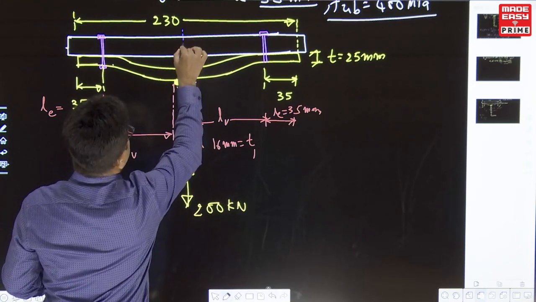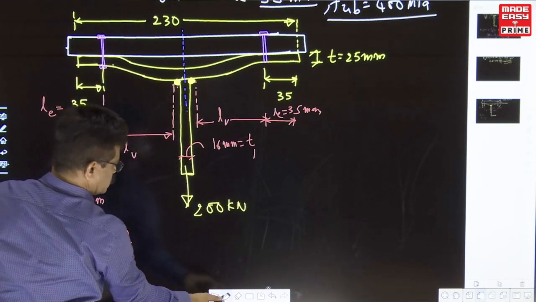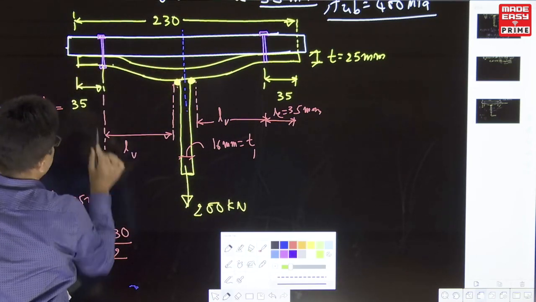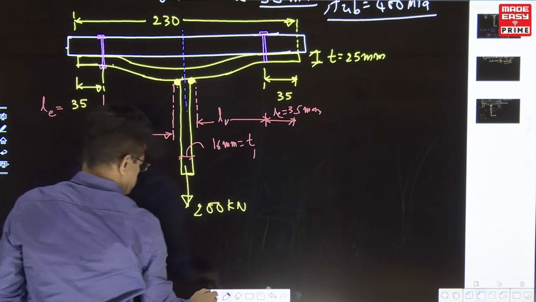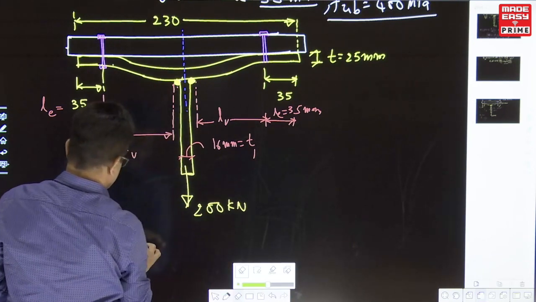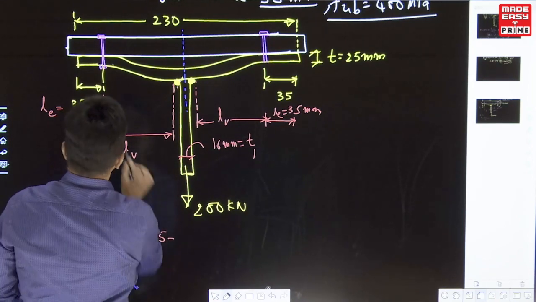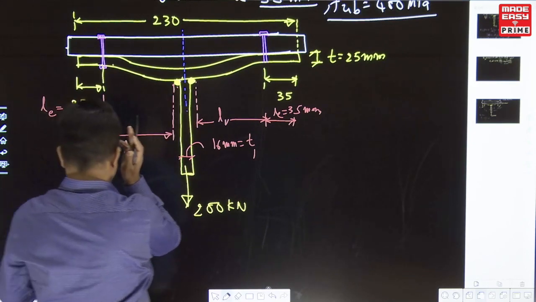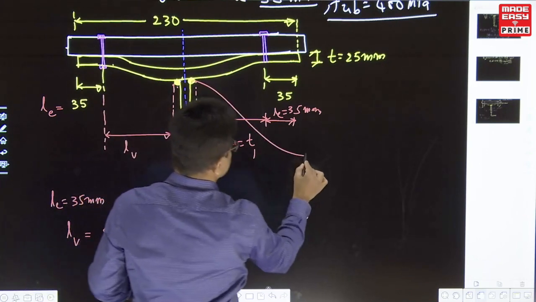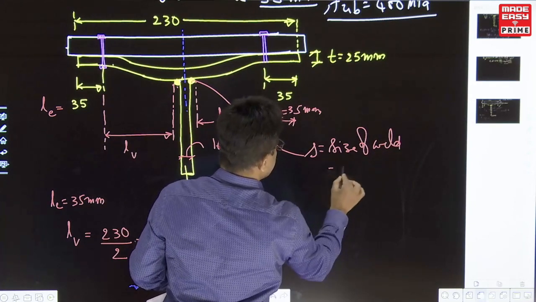From here to here is 230 by 2, minus 35. Here the size of the weld is also given, an 8 mm size weld. S is equal to the size of the weld. In the diagram they have given this one. Size of weld is 8 mm.